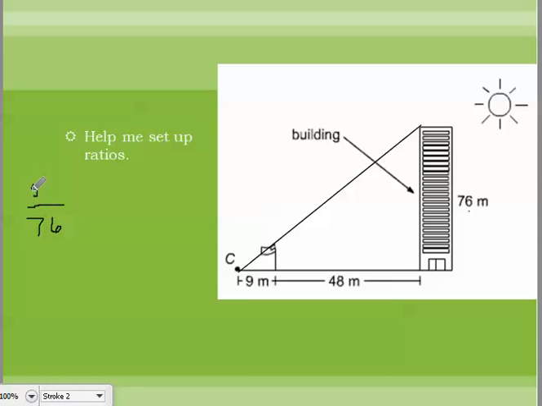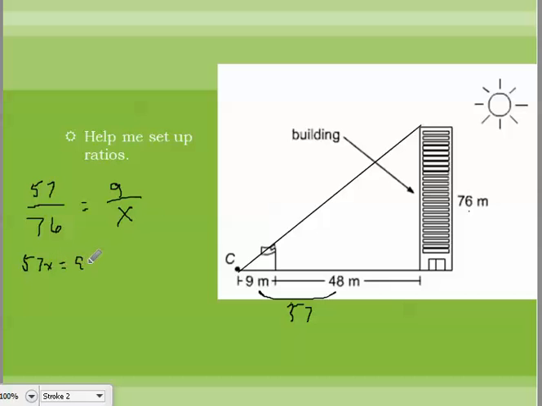Well, that's 57 meters. How did I get 57? I added 48 and 9 together to get 57. That's how far the building is from the end of the shadow. Well, the flagpole is also 9 meters away from the end of the shadow, but we don't know how tall the flagpole is. So it's now just a matter of doing means and extremes.